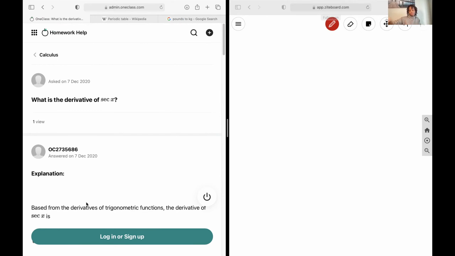For our first question, we're looking for the derivative of secant x. For this one, we're going to be using the quotient rule, so let's write that down first.